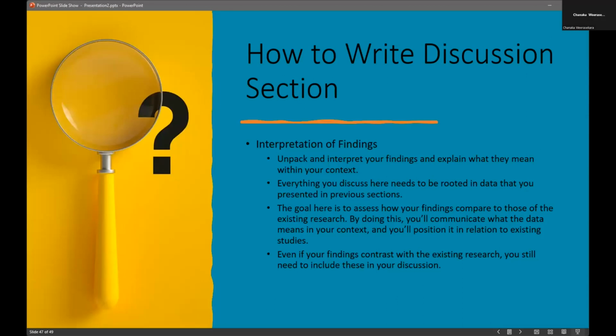Sometimes those are the most important things, right? Places where we disagree, because from those things you get more interesting outcomes. Even though your finding is in line with the existing literature, you just have to report it: my finding is in line with this person and that person, and his context is something else, mine is something else.